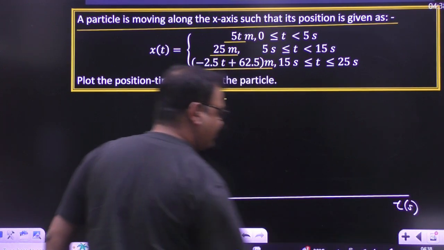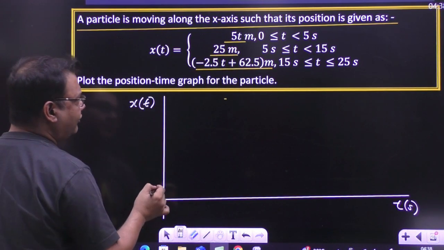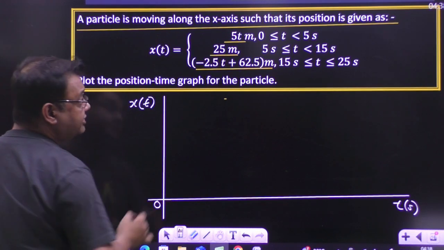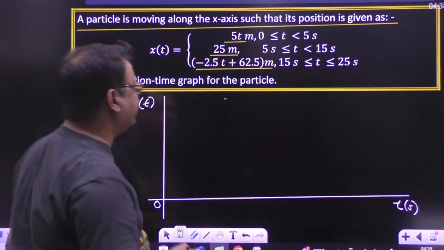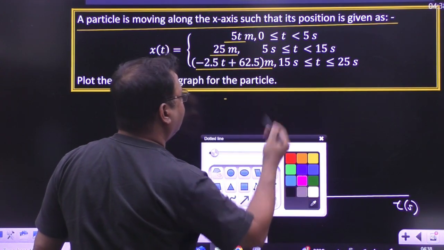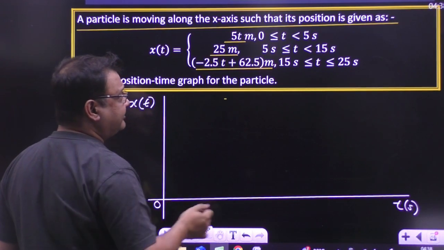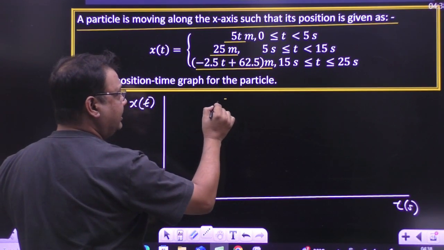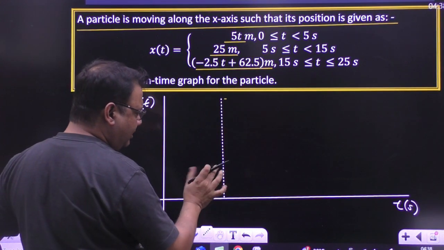Number 2, first I'm making the coordinate system. So the vertical axis will be x as a function of time. There is an origin and we need not go to negative time because the domain is starting from t equal to 0. So I'll mark the different turning points of the description of the function on the t-axis. So one is 5 seconds, and then another is 15. I will make a freehand sketch.